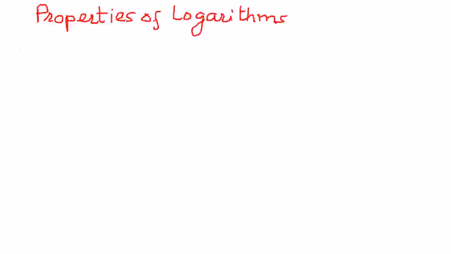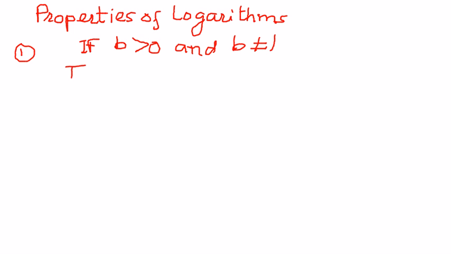Property number one. If we have b greater than 0 and b not equal to 1, then we can write log b to the base b is equal to 1, right?